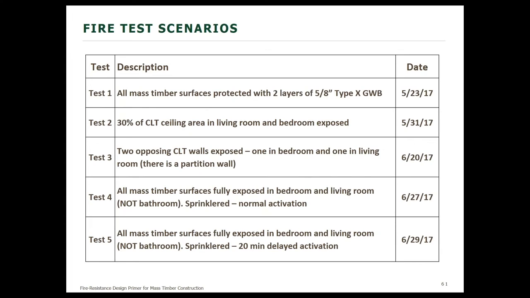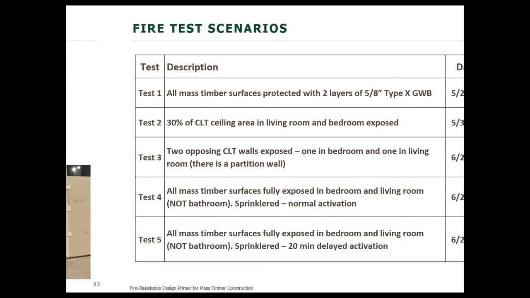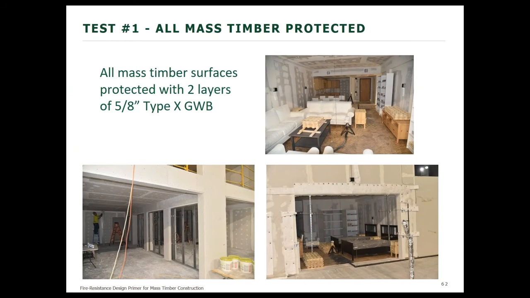Again, in test number 4, there was normal sprinkler activation. In test number 5, all of the mass timber surfaces were fully exposed in the bedroom and living room, again not the bathroom, as in test 4. It was provided with sprinklers, but a delay of the activation for the sprinklers was put into place, and that delay was a 20-minute delay.